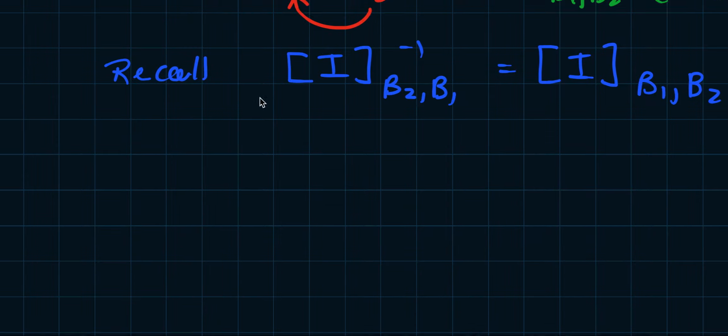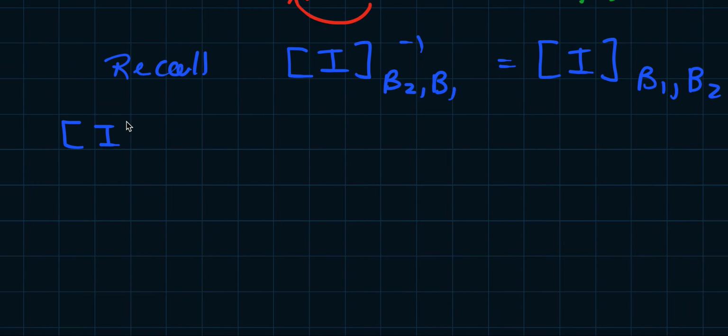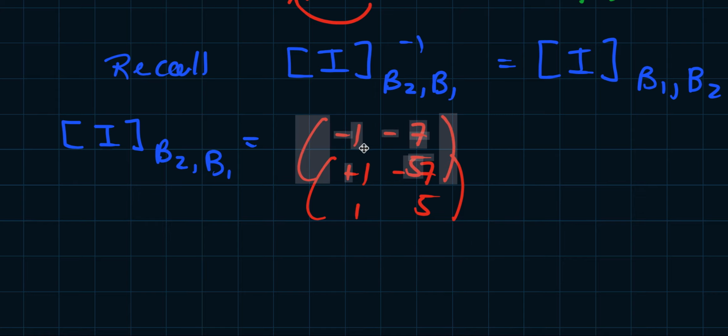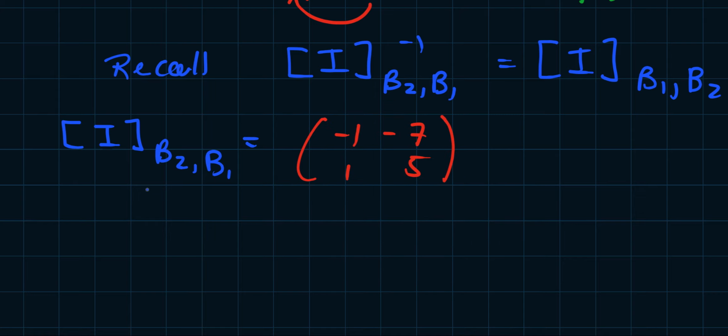So this matrix I, B2, B1, that's equal to this. So then I, B1 comma B2 is its inverse.